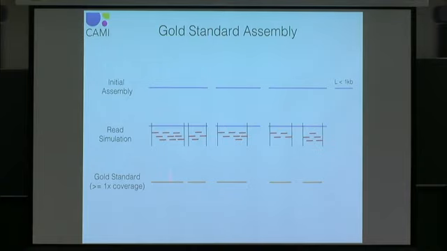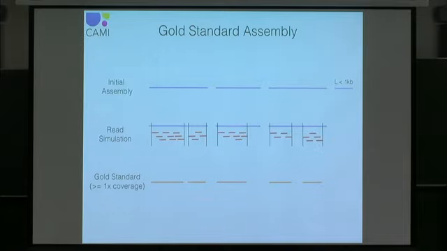So the gold standard is something which none of the assemblers will ever achieve because usually they need higher coverage than just 1x coverage. But anyway, this is what we call the gold standard. And this is also what's being binned and profiled in the other two challenges, basically. Okay?